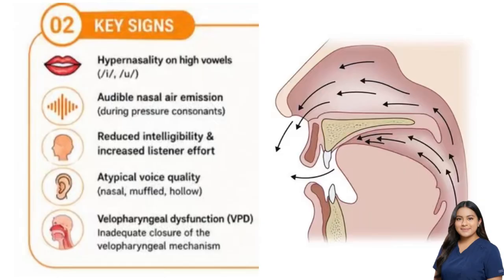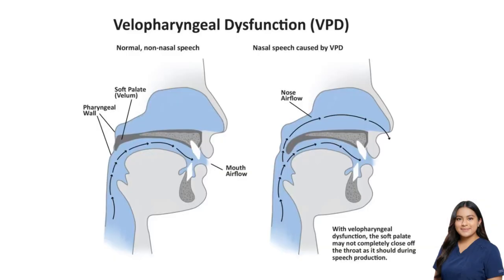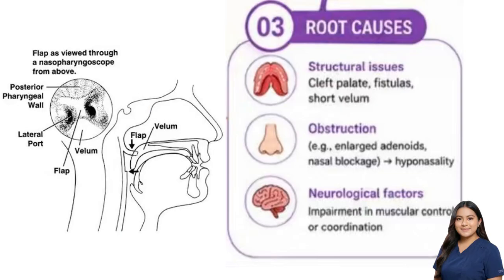One of the most critical signs is velopharyngeal dysfunction, or VPD, which refers to inadequate closure of the velopharyngeal mechanism during speech. This is a central concept in understanding resonance disorders.